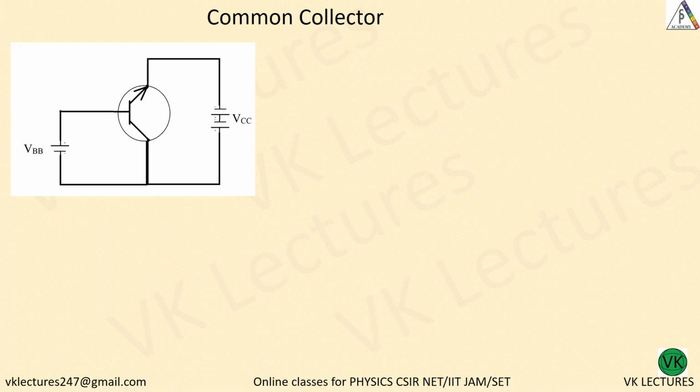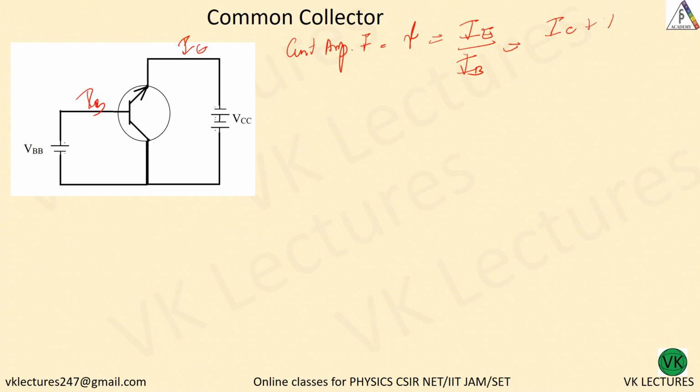Now here, IB will be the input and IE will be the output. So let us write the current amplification factor as gamma. Gamma will be equal to IE by IB, right? Now what is IE? IE is nothing but IC plus IB, divided by IB.